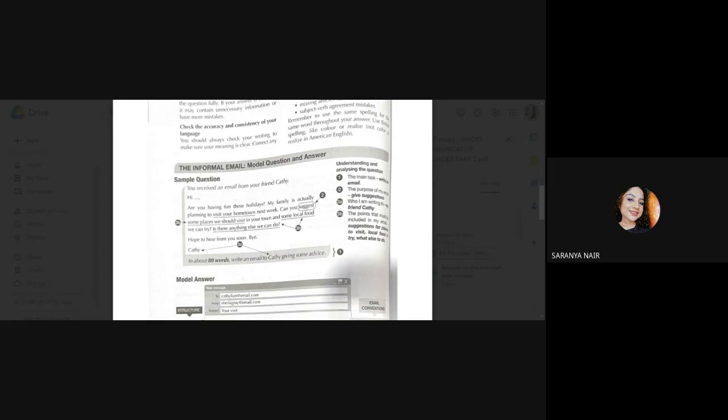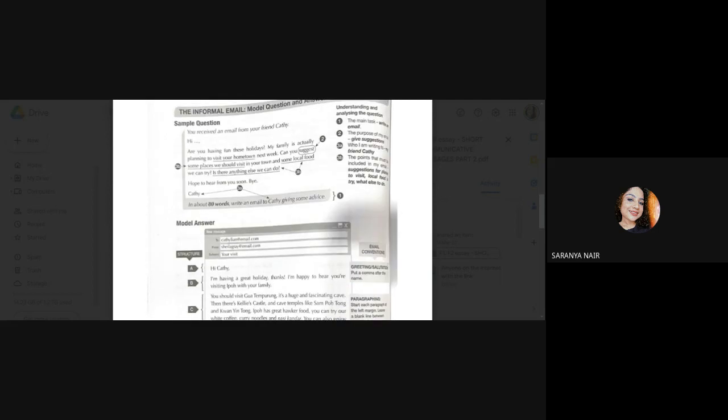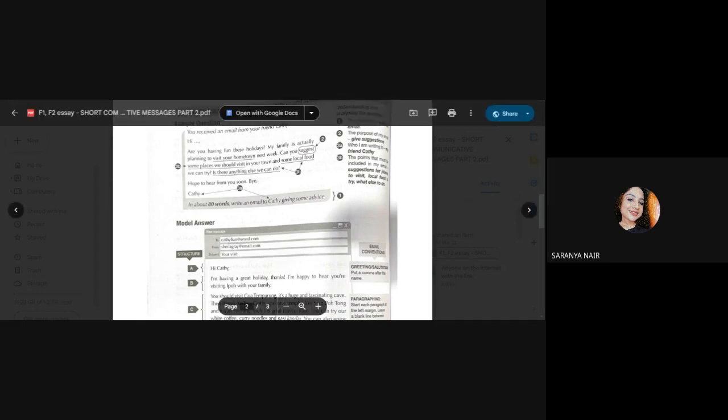Kathy sent an email to her friend Sheila, asking about the places she can visit in Ipoh, and also asking her to suggest some local food and anything else that can be done in Ipoh.